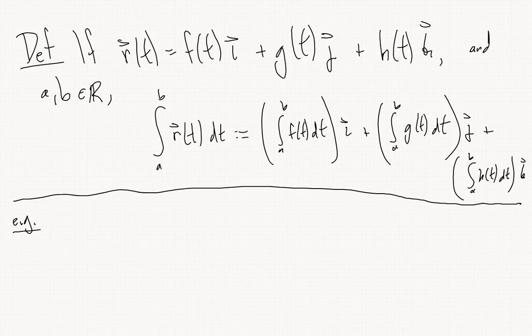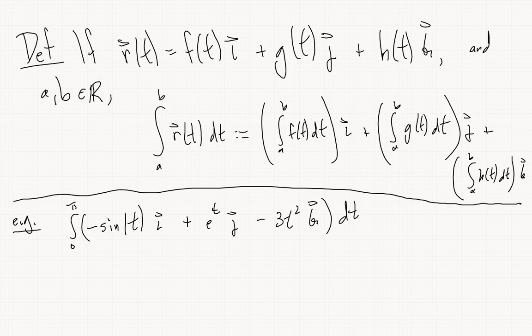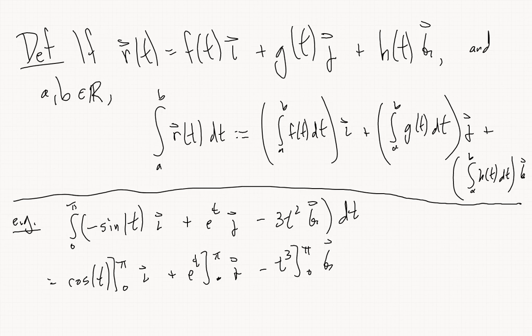So for example, if we took the integral from 0 to pi of negative sine t i plus e to the t j minus 3t squared k dt, this would be cosine t from 0 to pi times i plus e to the t from 0 to pi j minus t cubed from 0 to pi k.